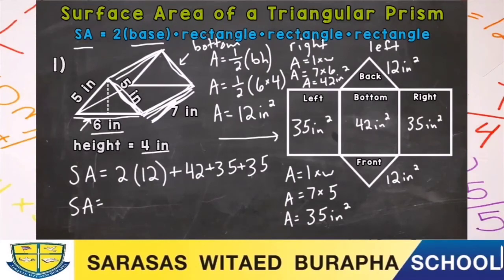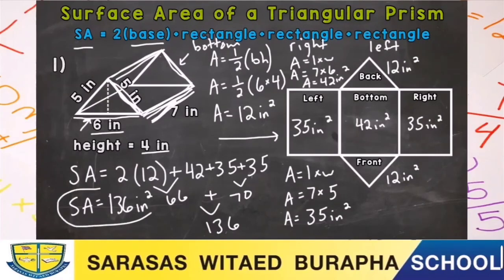Plus 42 is 66, and then we have 35 plus 35, which is 70. So this is 66 here, this is 70. Add those together, and we get 136. So surface area equals 136, and that is square inches.